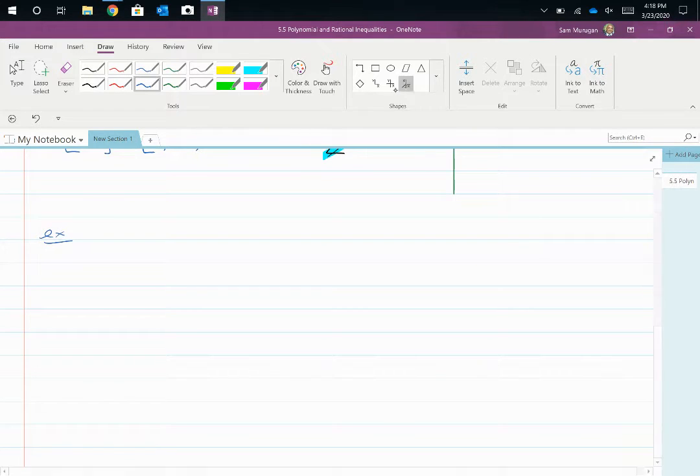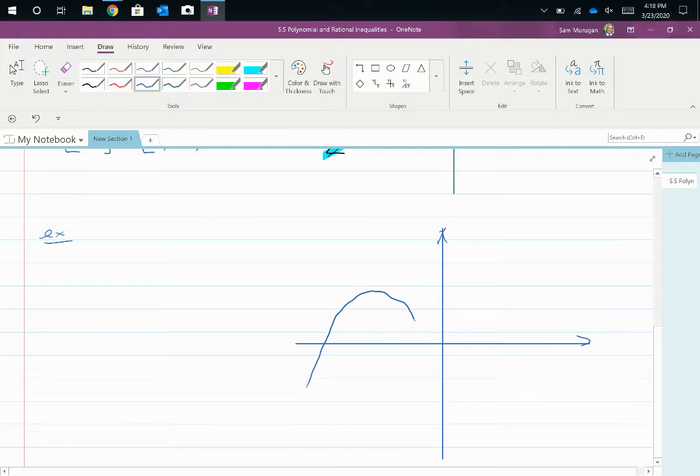Example. So we're going to look at this graph. Negative infinity, positive infinity, f of x. That point there is -4, this is 0.